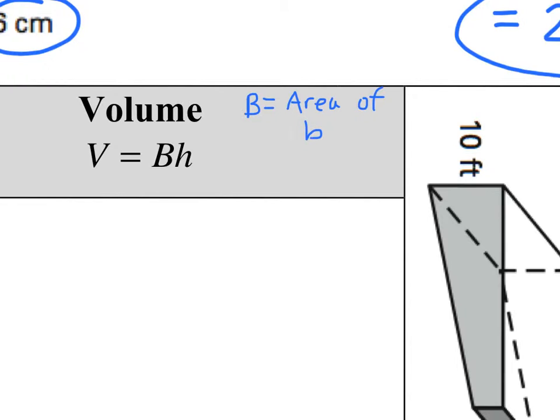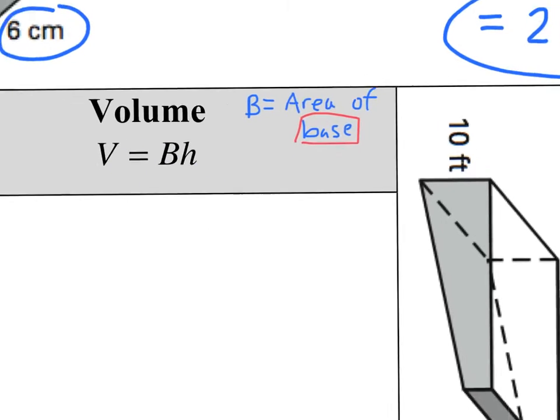So again, one of the most important parts is for us to find and identify which shape is my base, because the capital B formula is going to change based on what the area of the base is. So we're going to be using this formula, and this works for any prism, and it even works for a cube if you don't want to remember S cubed.